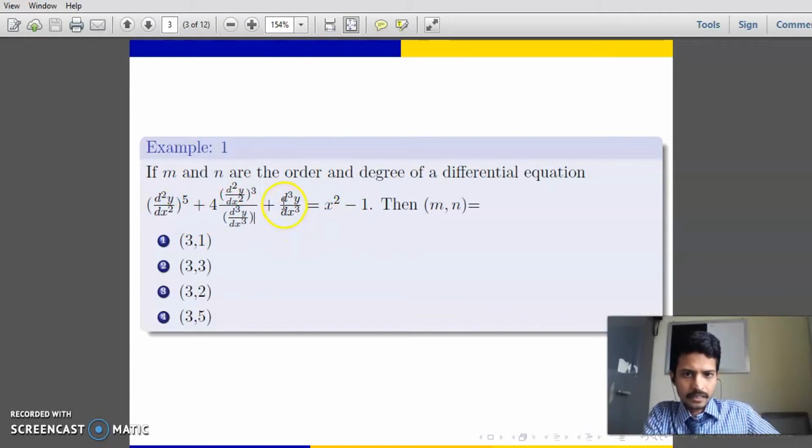Then the third term in the LHS becomes (d cube y by dx cube) whole to the power 2. So therefore, the degree of the maximum order derivative is 2. Hence, the answer to this question is m equal to 3 and n equal to 2. So the option is order 3 and degree 2.